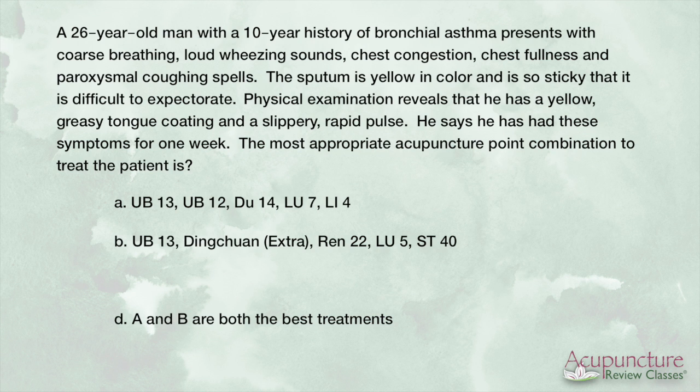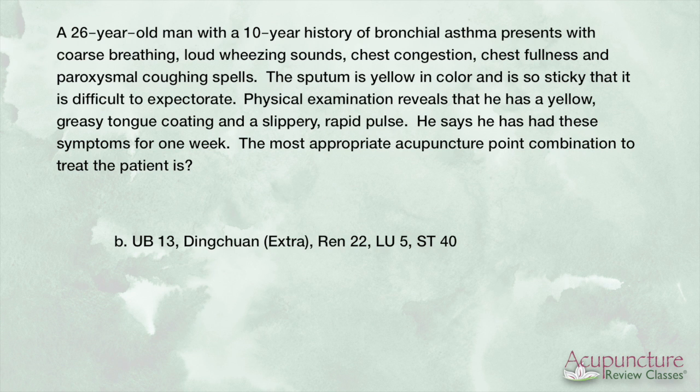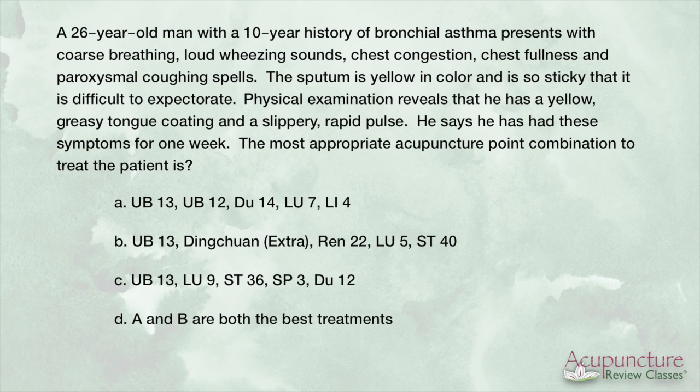Or are we just going to choose answer B? And I would say that the best choice is answer B as in boy, not A. We don't really want lung 7. We don't want UB12 because it's not short term. Okay? So the answer to number 5 is B as in boy.